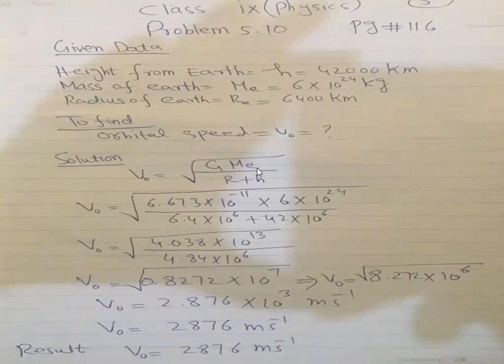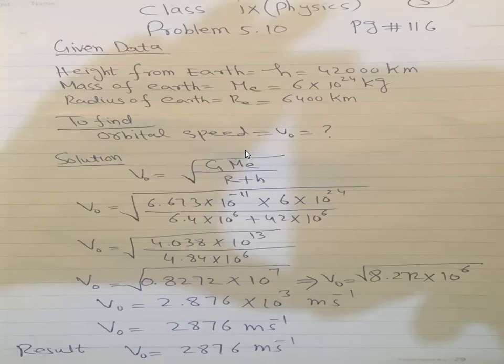V naught is equal to the square root of G M E divided by r plus h. You can use the previous formula as well, first finding the gh value and then substituting it, but this is the direct formula, so I use it.